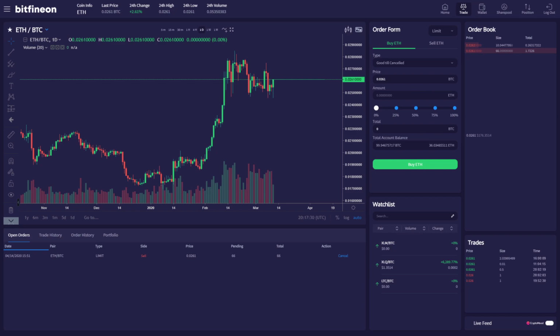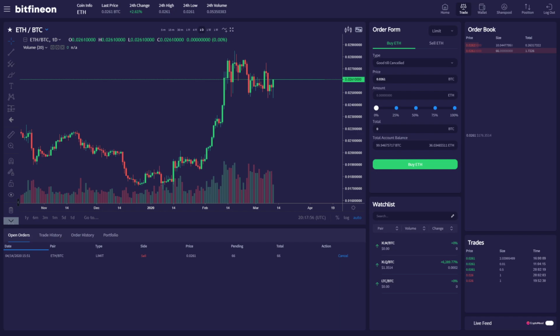Having said that, with that last video, we had a user suggestion that the slider bar work so that when you place an order with the slider bar, it would update the amount, and if you updated the amount, it would move the slider bar accordingly.